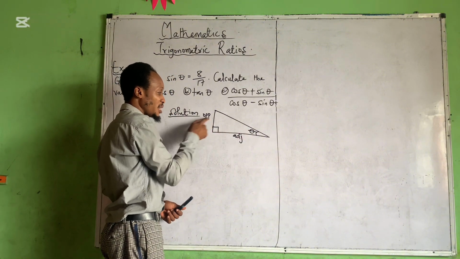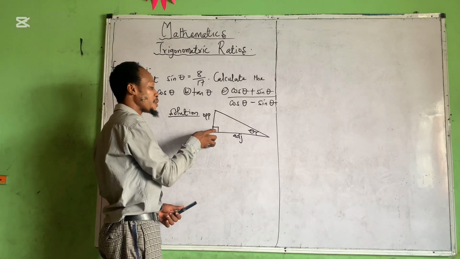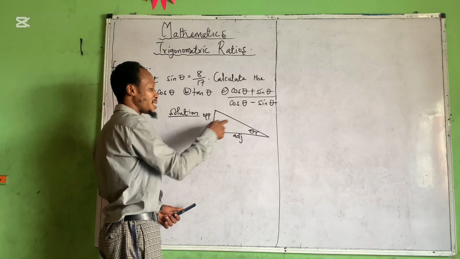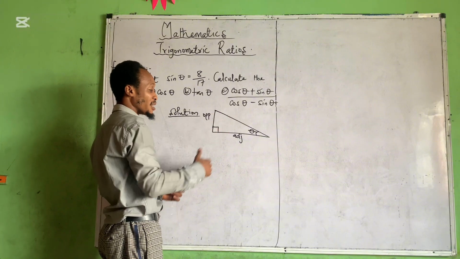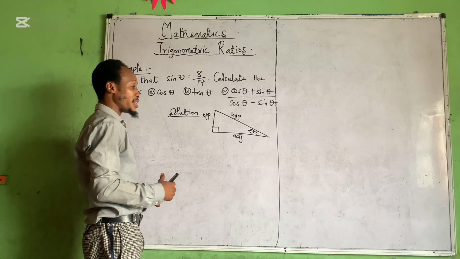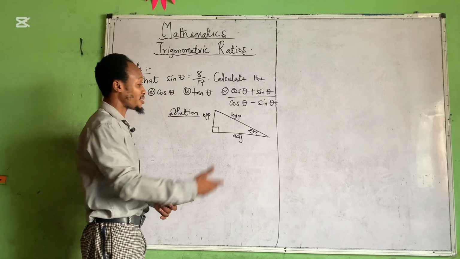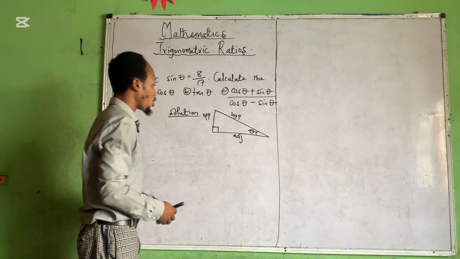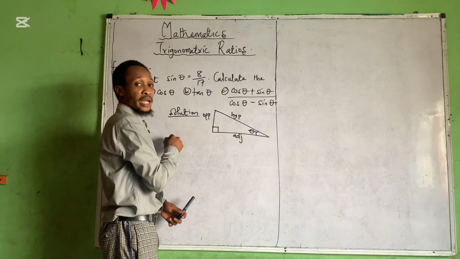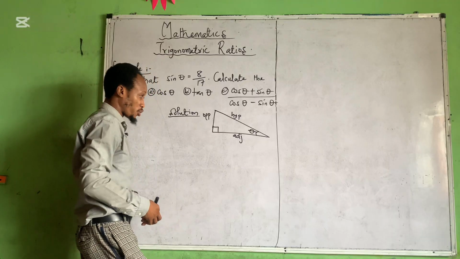And the side that is facing the angle 90 degrees is called the hypotenuse. Although some people say it is the longest side, sometimes it might not be the longest side. In subsequent classes, you'll see why. So the side facing the angle 90 degrees is the hypotenuse.